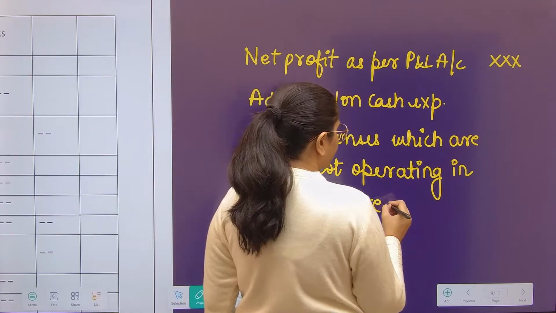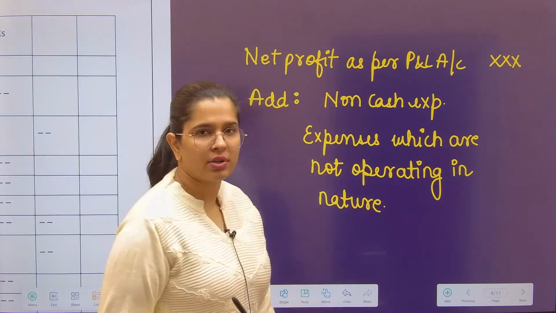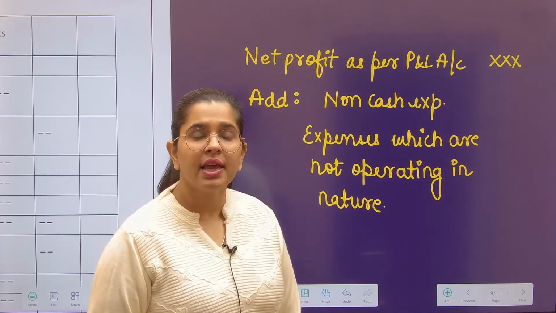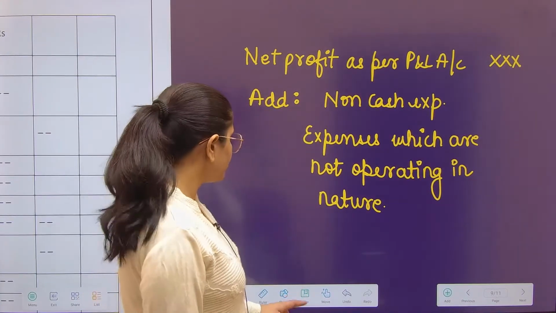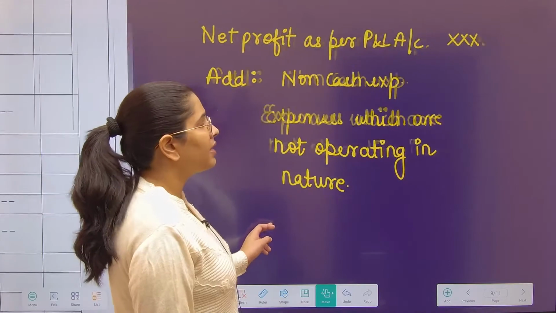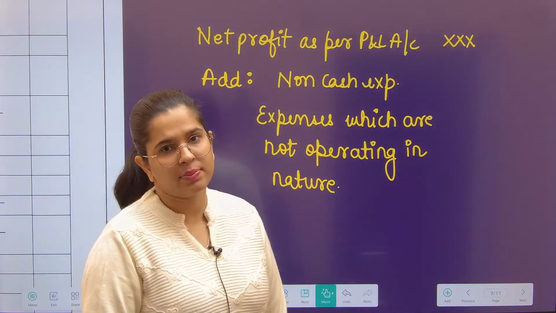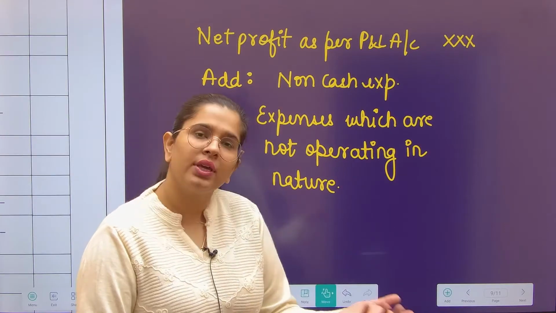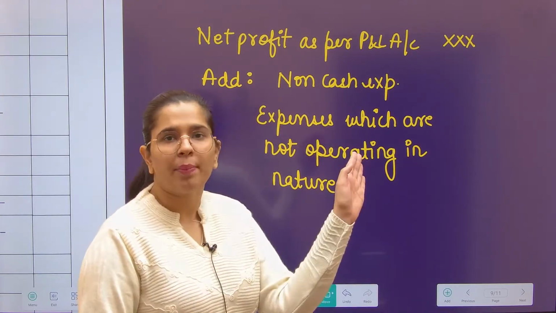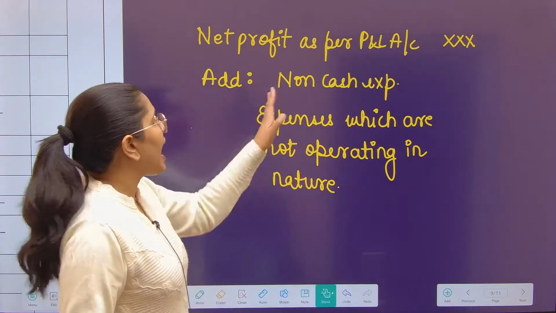You have incurred a loss on sale of assets. What did I say? You have incurred a loss on sale of asset. So that is not your operating expense, that is an investing nature expense. You sold an asset, you incurred loss on it, not an operating expense. So just add it back.